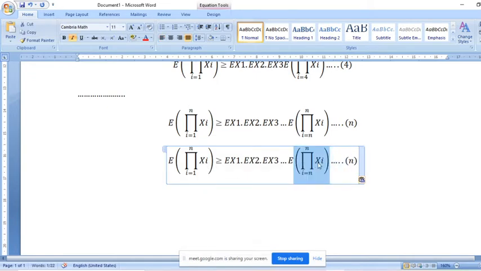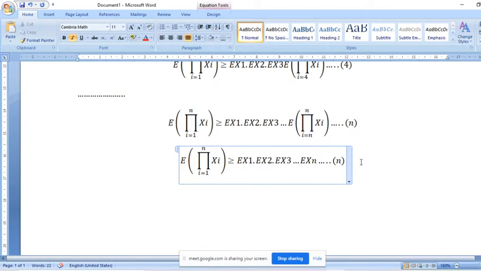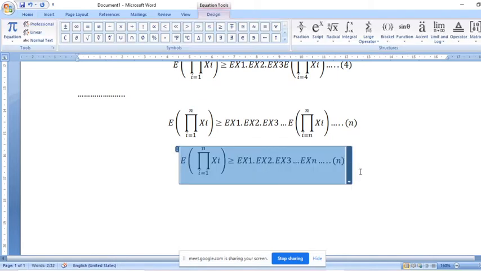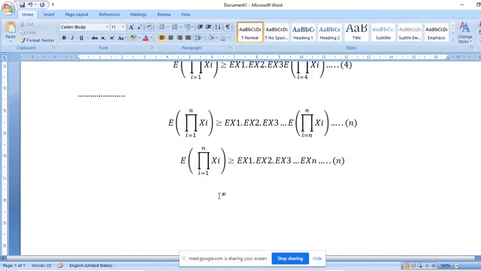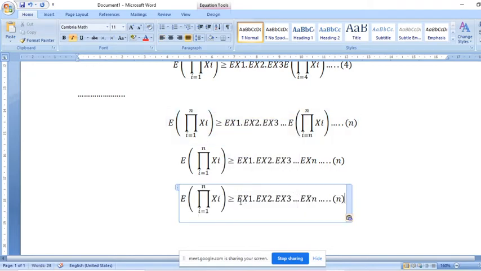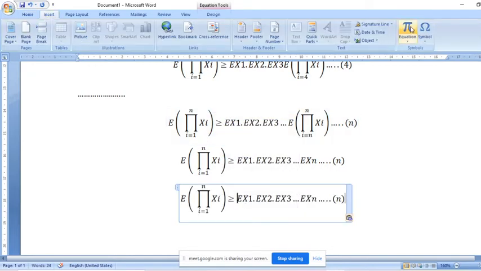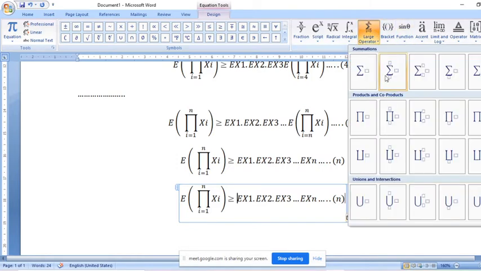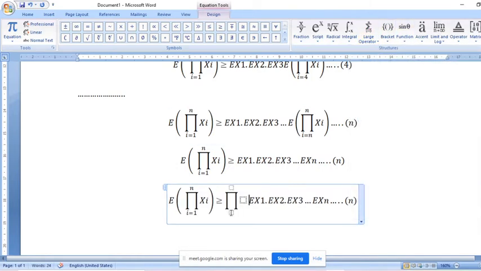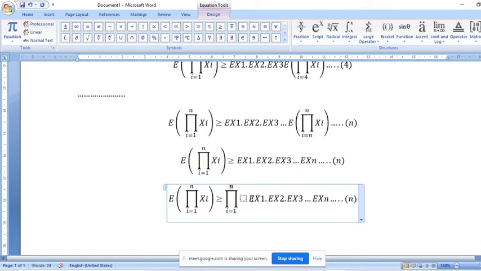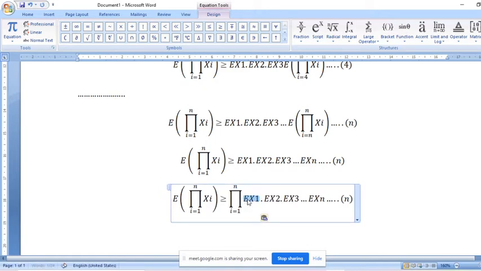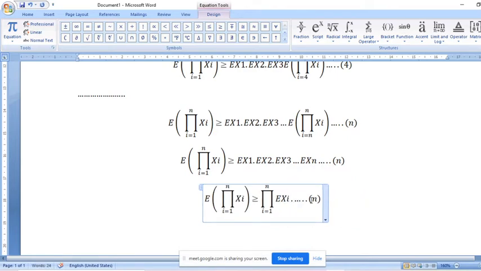Okay, that's it. So instead of this one we can write... okay, so this is the last formula.